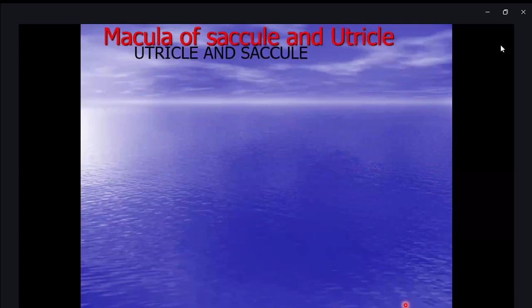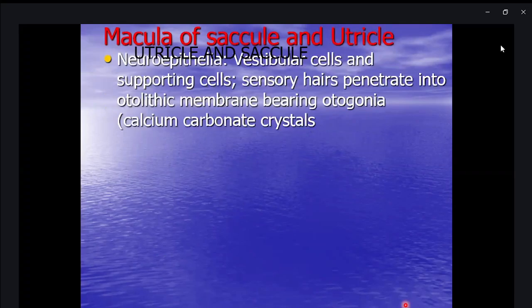What about the macula? The macula is in the utricle and saccule. It is also a specialized area of neuroepithelia, but unlike what we have in the crista ampullaris, this is not a crest shape. It's a more flattened shape of neuroepithelia.